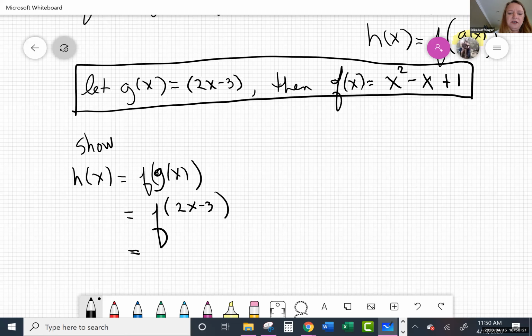We're going to go into this equation right here, and wherever we see an x, we're going to replace it with this 2x minus 3. And so doing that, we get x, which is 2x minus 3, quantity squared, minus x, which is 2x minus 3, and then the plus 1, which was what our original function of h of x was.